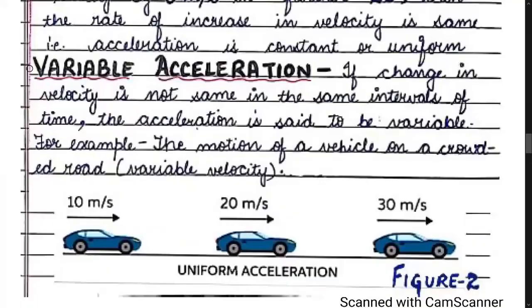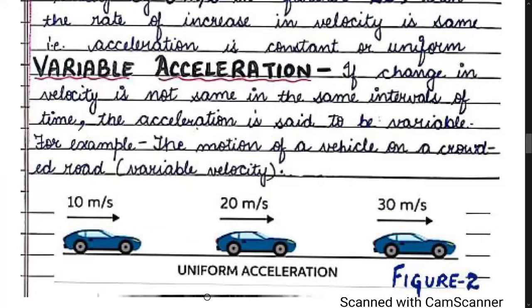Similarly, we have variable acceleration. If change in velocity is not same in same intervals of time, then the acceleration is said to be variable.